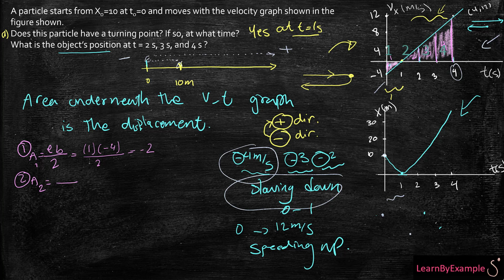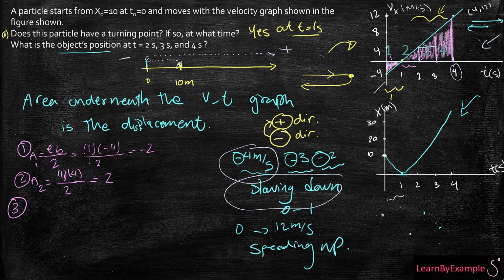So I have the 1 second. You see from here to here is 1 second. And then the base here, I have 4 seconds on top there, divided by 2. So same number there.